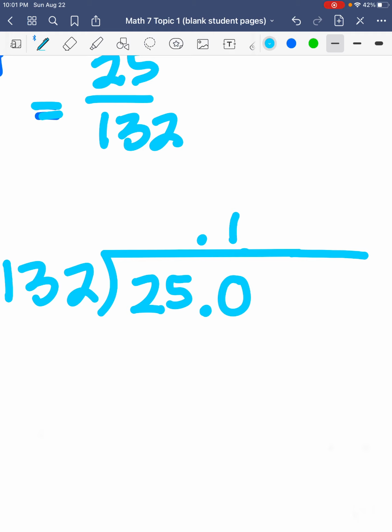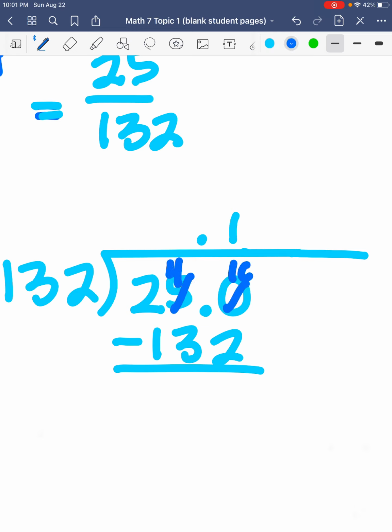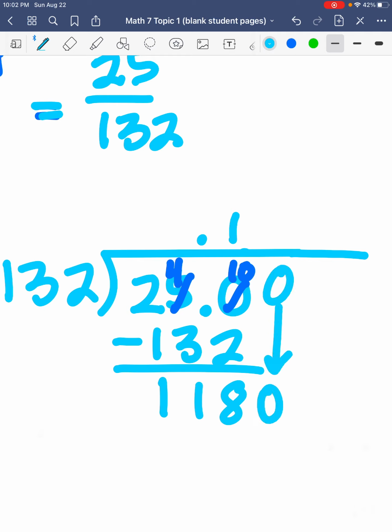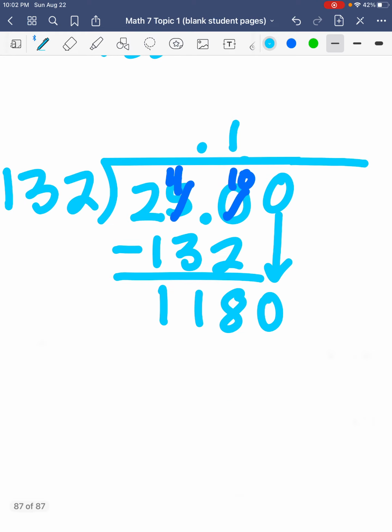So 1 times 132 is 132. Now I'm going to borrow. This 5 I'm going to turn into a 4, and this is a 10. Now 10 minus 2 is 8. 4 minus 3 is 1, and 2 minus 1 is 1. So I have 118. So now I'm going to add a 0 and bring that down. And I'm going to ask, how many times will 132 go into 1,180?